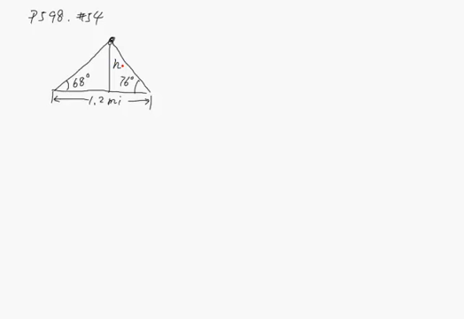When you draw a perpendicular from this point to the bottom line, you form two right triangles. Let me call the points A, B, C, and this is D. So you have two right triangles: one is triangle ADC, and another one is triangle BDC.